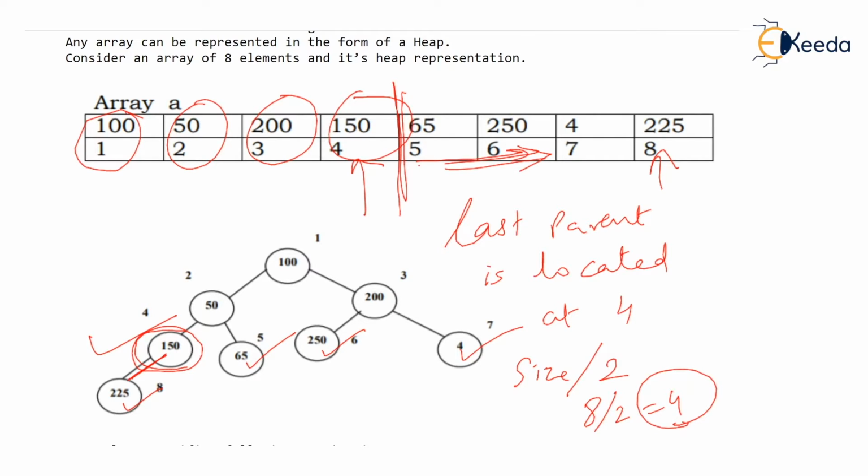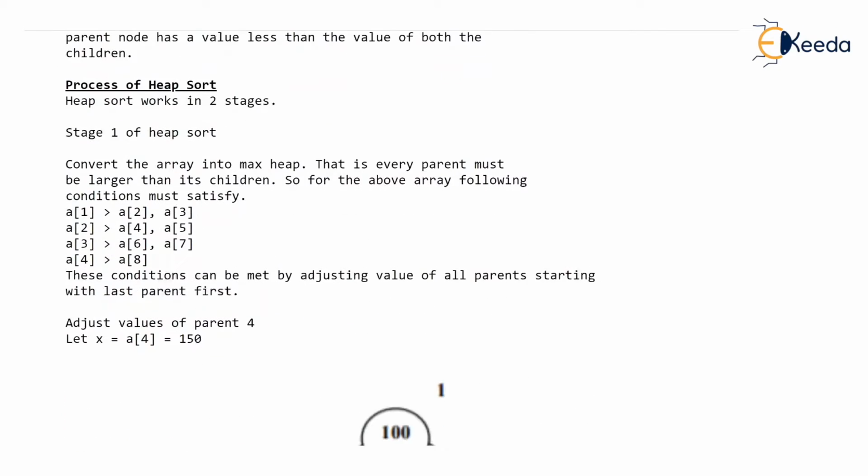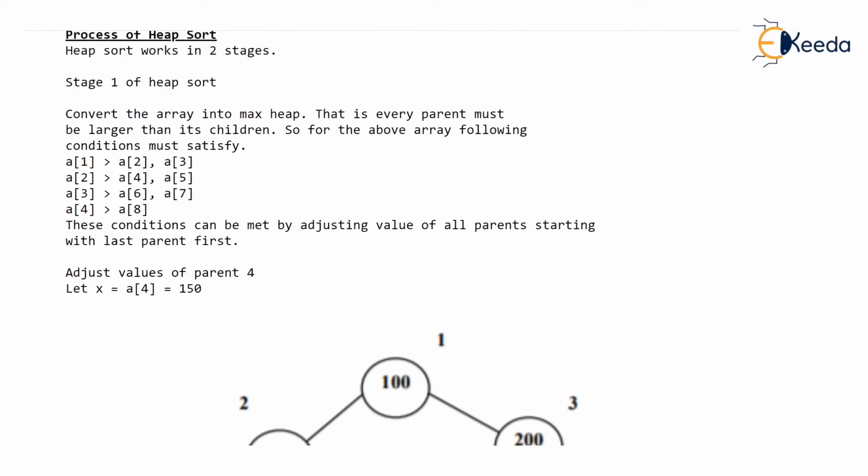So I hope you have understood the meaning of the statement. We are learning stage 1. The statement says: convert the array into the form of max heap. That means A1 should be greater than A2 and A3 both, because the first node is the parent of the second and third.